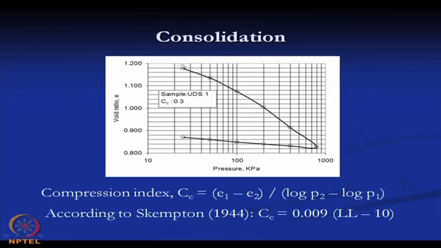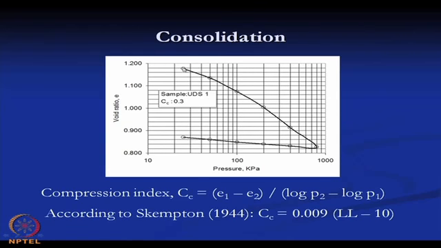In the consolidation test, we can apply pressure on a soil sample and determine the amount of void in the soil, or the void ratio. As expected, as we apply more pressure, the void ratio will decrease.